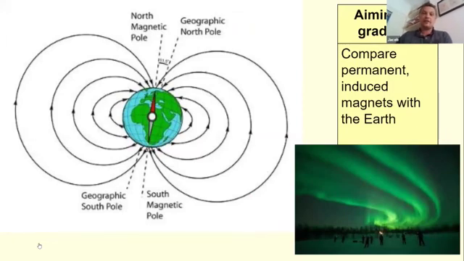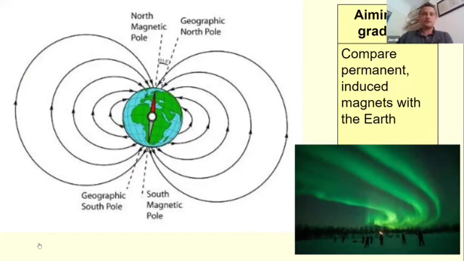When they get to the Earth, those charged particles interact with the magnetic field. You might remember from P1 in radioactivity, if you have alpha particles and beta particles in a magnetic field, they go opposite directions, because one's positively charged and one's negatively charged. Charged particles will interact with the magnetic field, and so they get funneled to the north and the south poles of the Earth from the Earth's magnetic field.